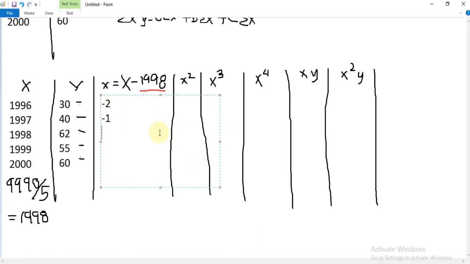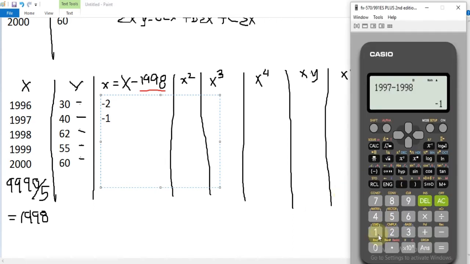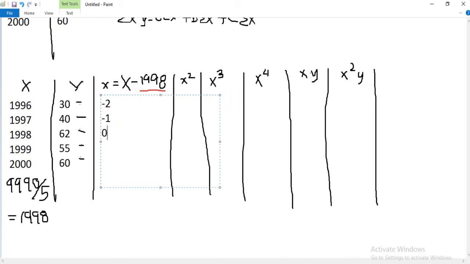Then 1998 minus 1998 equals 0. Next, 1. Then 2000 minus 1998 equals 2.